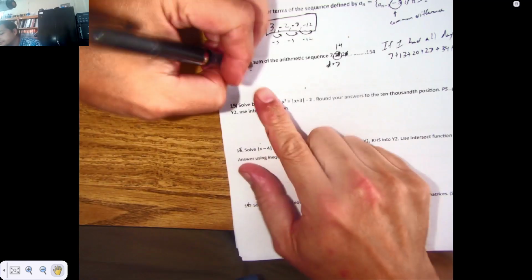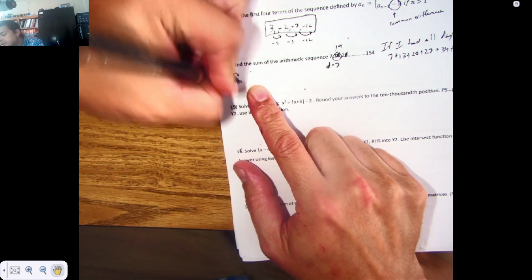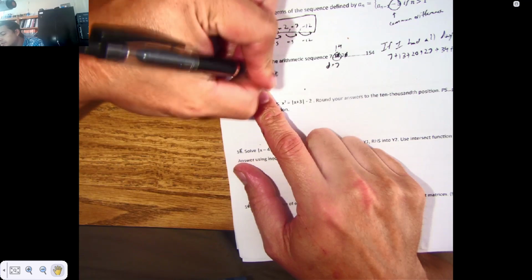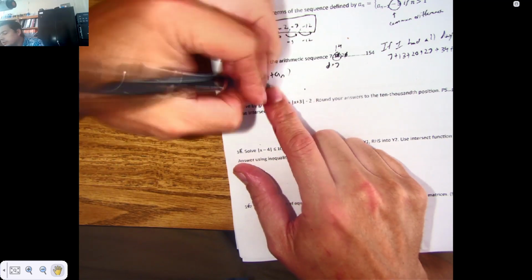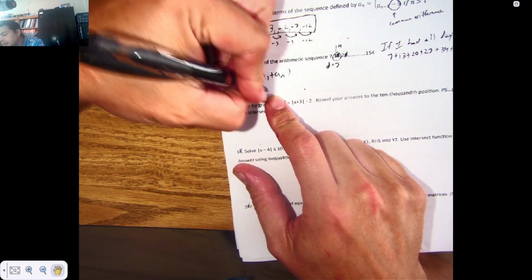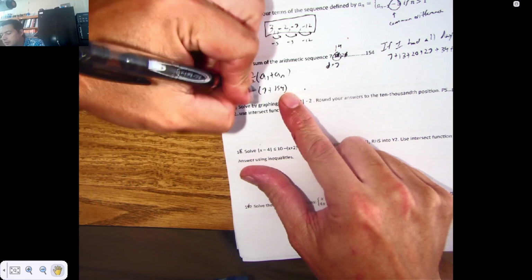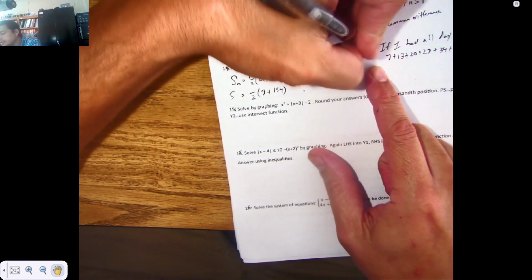All right. A wise man by the name of Gauss tells us that the sum of n terms is n over 2 times the first term plus the last term. Now, I know the first term is 7. I know the last term is 154. What I don't know is what n is. So I take this.